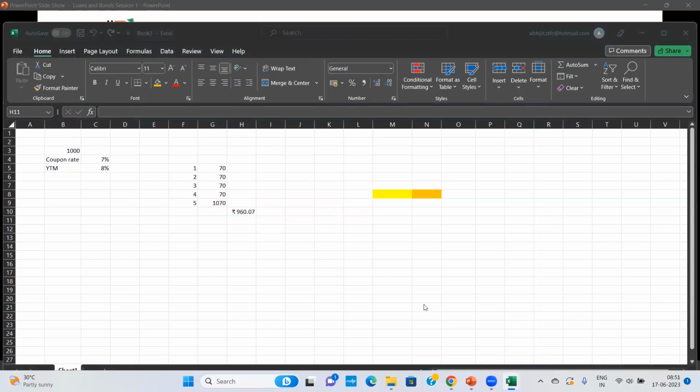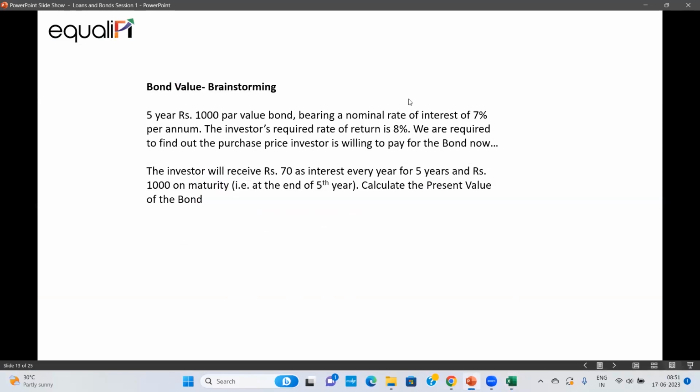No, coupon rate was 7% and YTM was 8%. This is the problem. Coupon rate is 7% and YTM is 8%. See, the sentence comes like this. Remember, in bond, a 5-year rupees 1,000 par value bond bearing a nominal rate of interest of 7%.